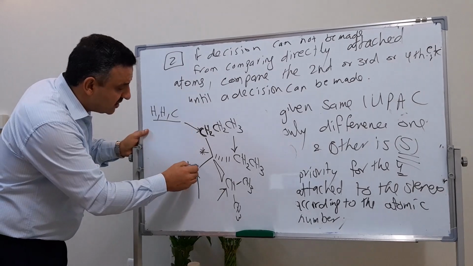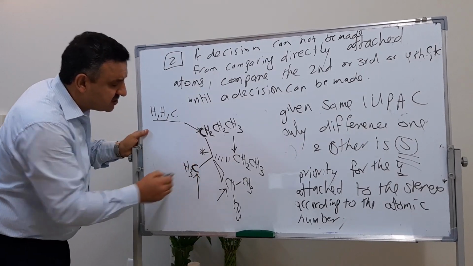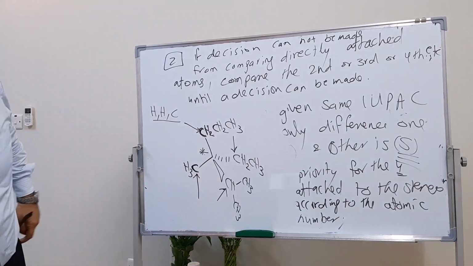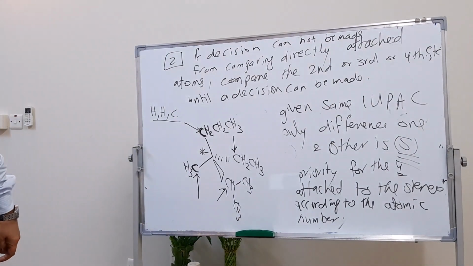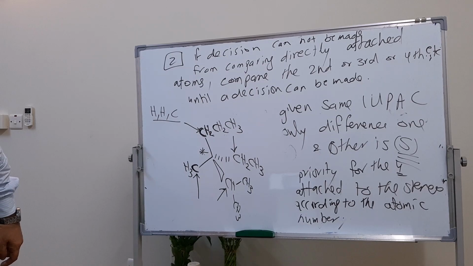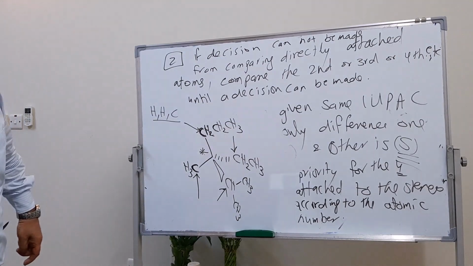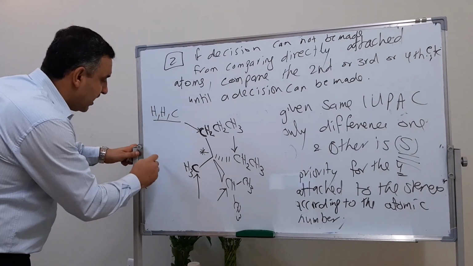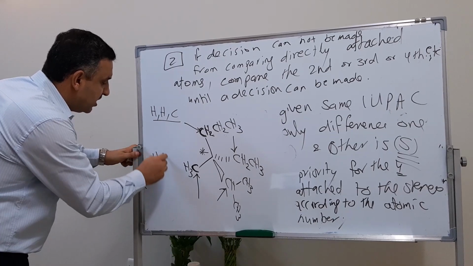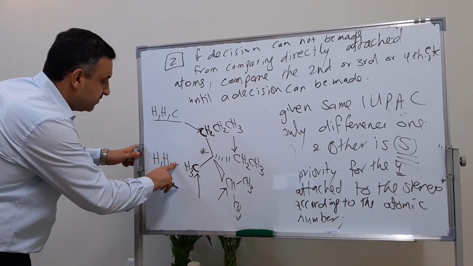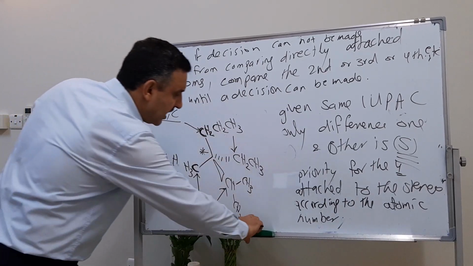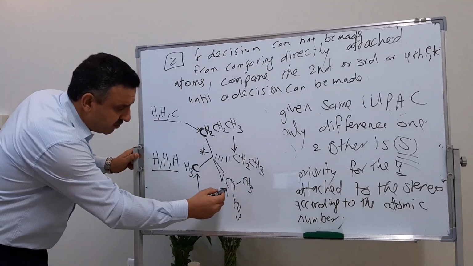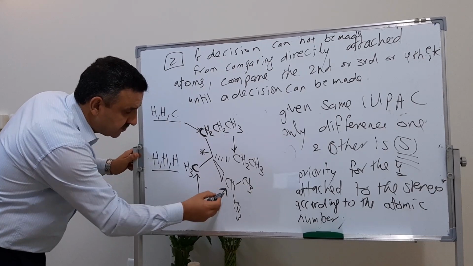What are the directly attached atoms to the second carbon? What do we have here? Just write it as I do: hydrogen, hydrogen, hydrogen. So what are the directly attached atoms to this carbon?